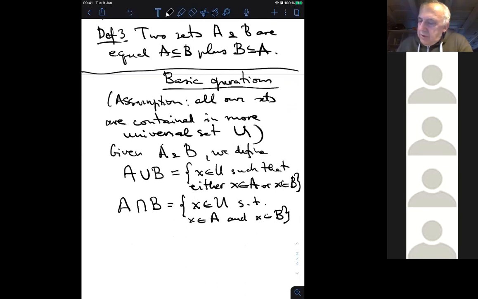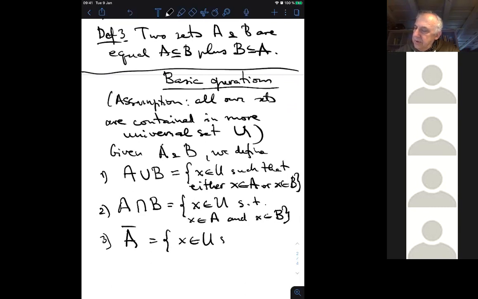Now we can also define, so this is our first operation, this is our second operation, this is our third operation, the complement, which is the set of all x in U such that x does not belong to A. What else?